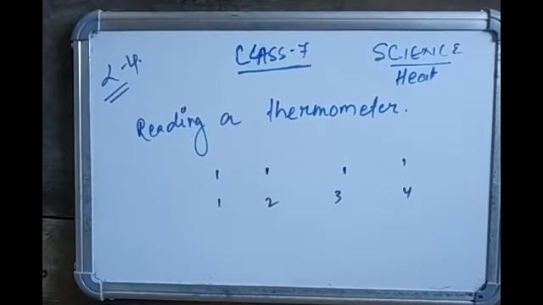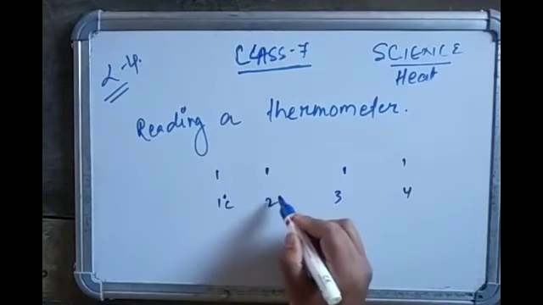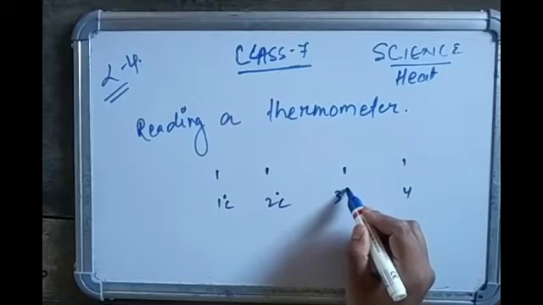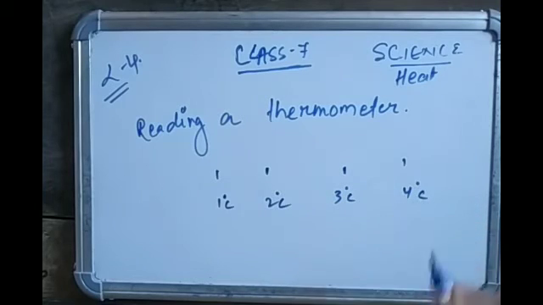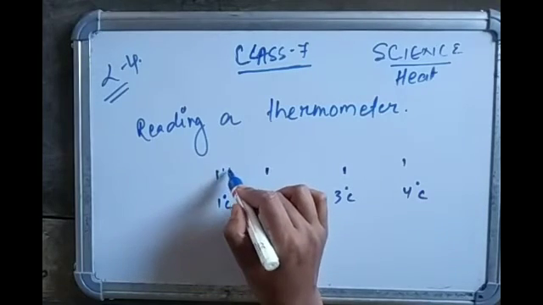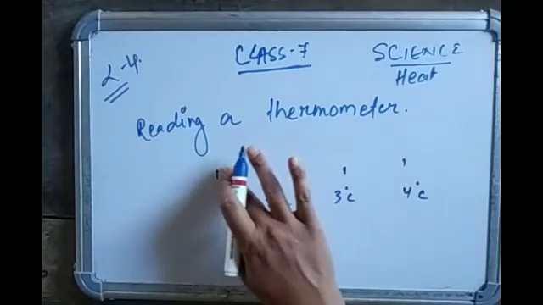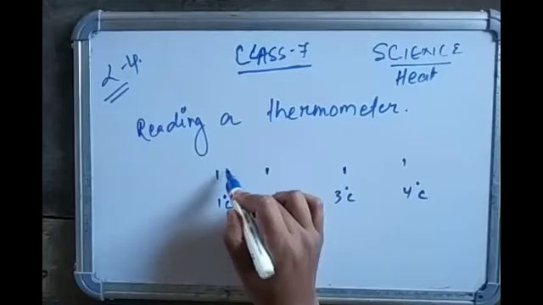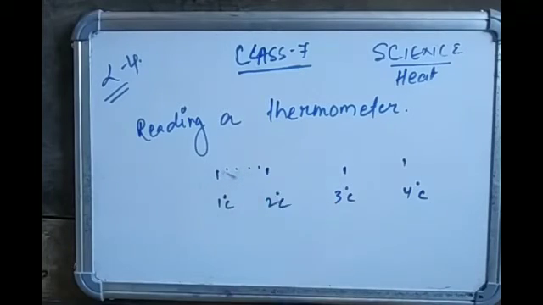Suppose the bigger marks read 1 degree, 2 degree, 3 degree, 4 degree, and there are 5 divisions between them. 1, 2, 3, 4, 5 divisions.